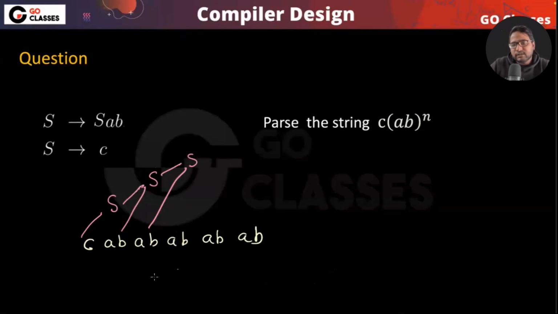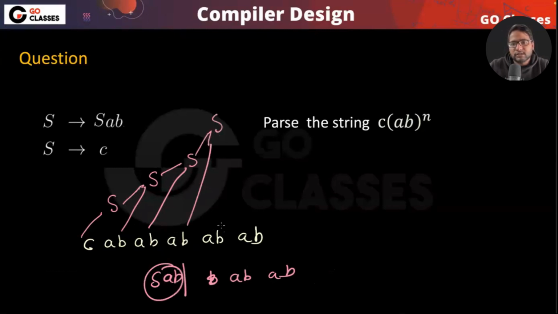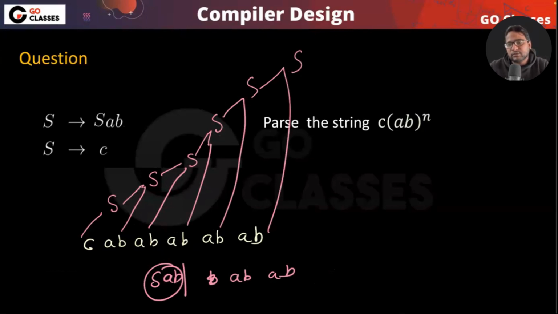So now I have S A in the stack. I can't do anything with SA, so I shift this B also. Now I have SAB. Should I reduce it? Yes. So I'm reducing this to S, then again to S, then again to S. This is what the bottom up parser is doing.